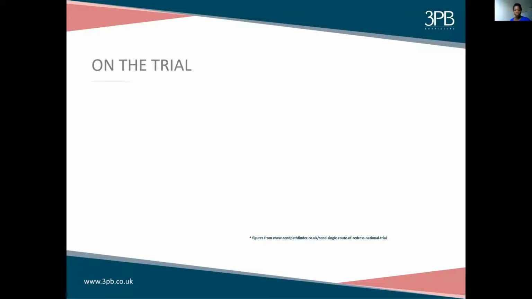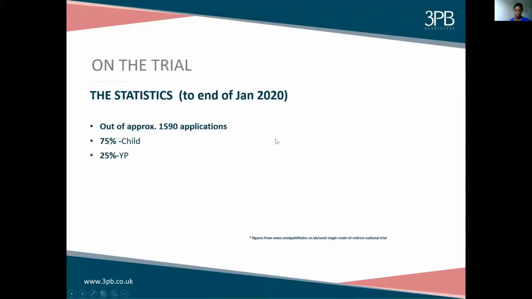But if we look at appeal applications that progressed up until January of this year, there were 1,590 applications up until January. And 75% of those applications were dealing with children, and 25% were to deal with young persons.